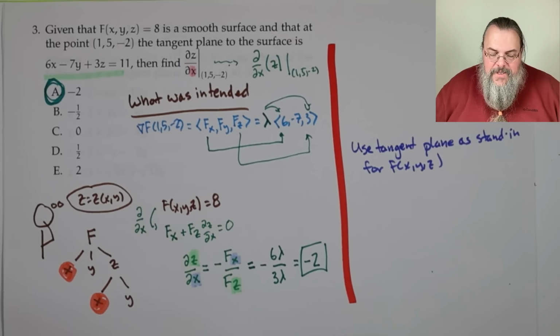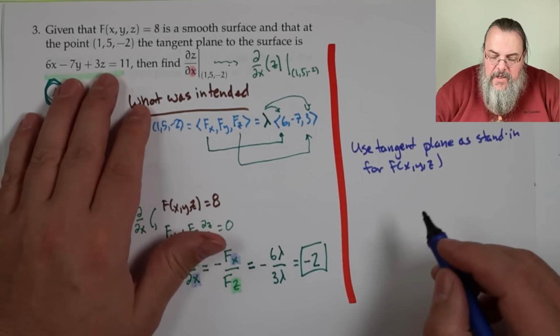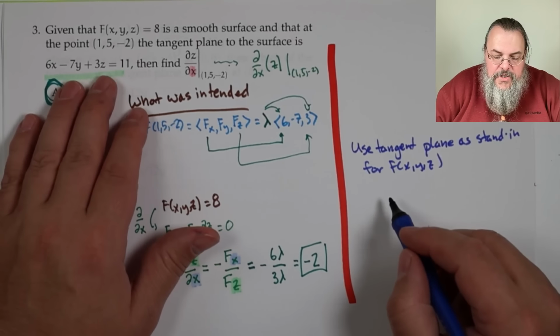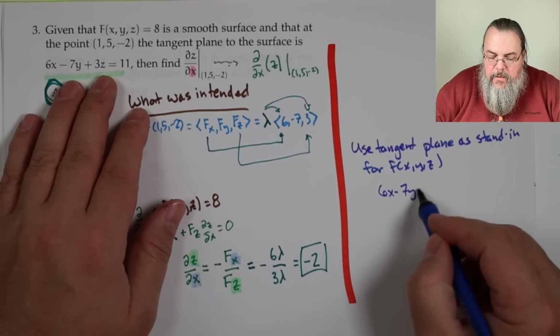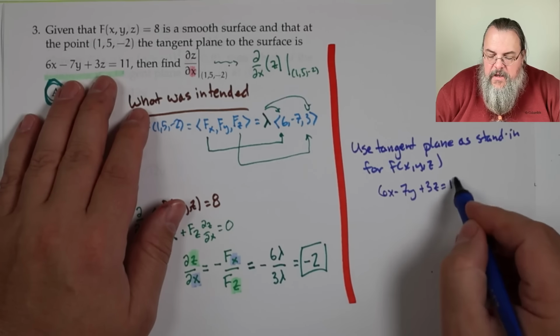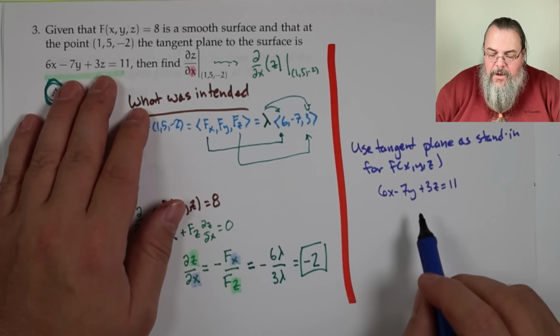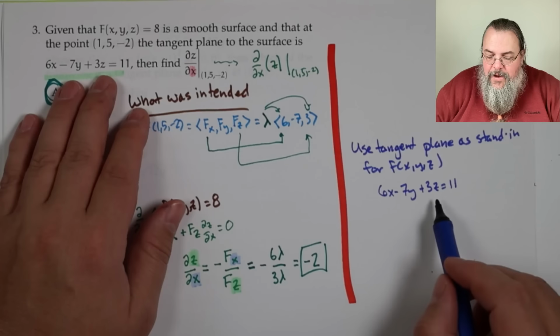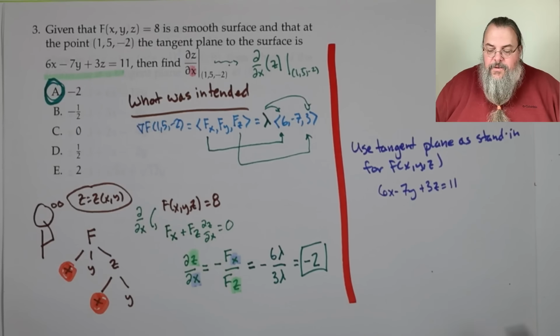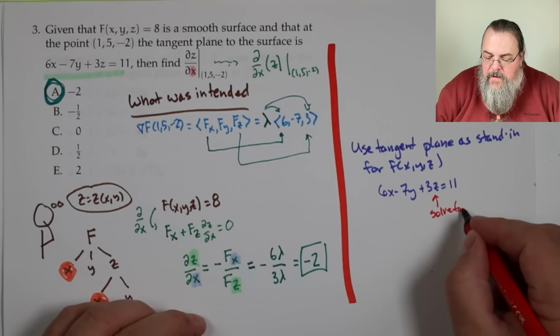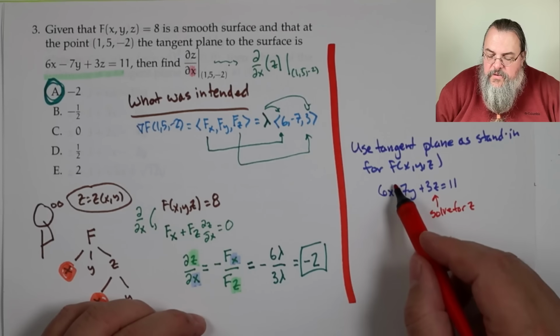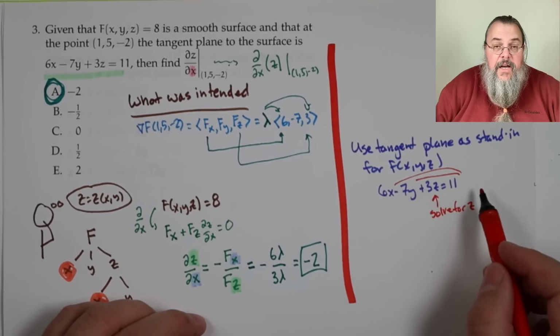So, what is that? Well, it says we can use the following function. We can say 6x minus 7y plus 3z equals 11. But, more importantly, what can we do? Solve for z, right? So we're going to move stuff across and divide.